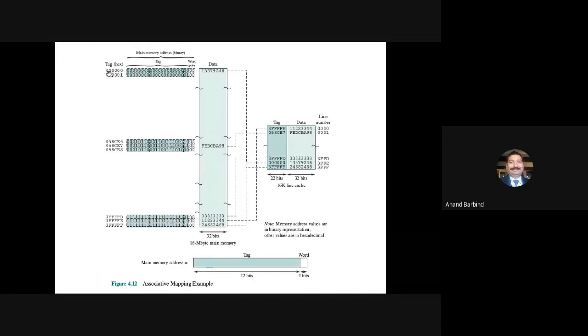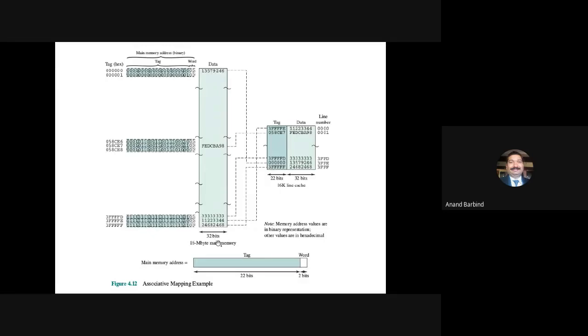So 2 to the power 5, I think it is 32 bits. Okay, so this particular memory address is 32 bits. So if we want to represent the address in a compact form, then that is why we use this hex number. Otherwise the computers work only with binary numbers. Okay, because even the data is also written in hexadecimal, so this is the 32 bits that is written over here.